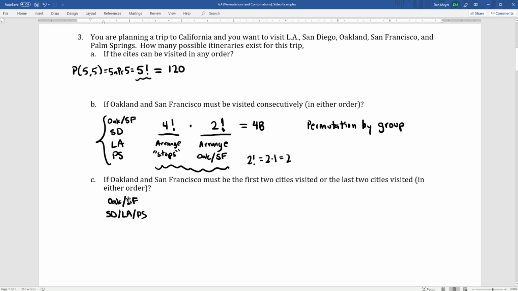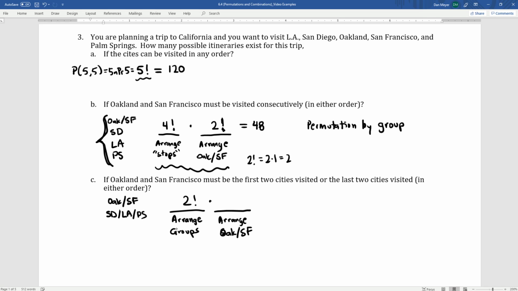And if Oakland and San Francisco is at the end of the trip, then these three cities are at the beginning. So now we have two groups, whereas before we could think of this as being four groups. Okay, so if we want to arrange the groups, well, there's two groups, so there's two factorial ways to arrange the groups. And then we have to arrange within each group. So arrange the Oakland San Francisco group.